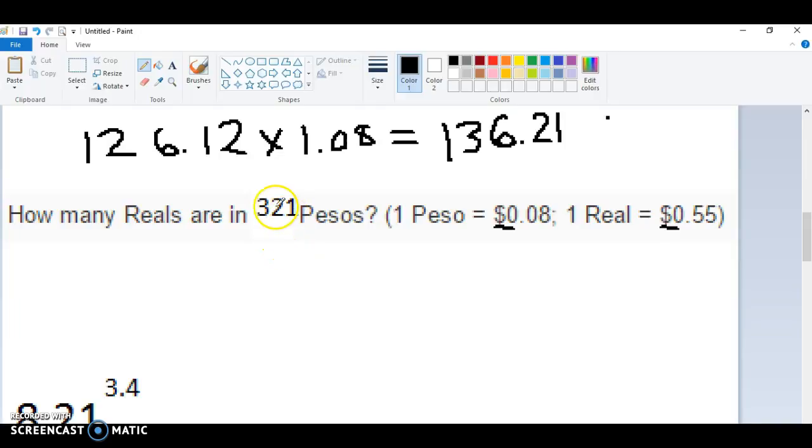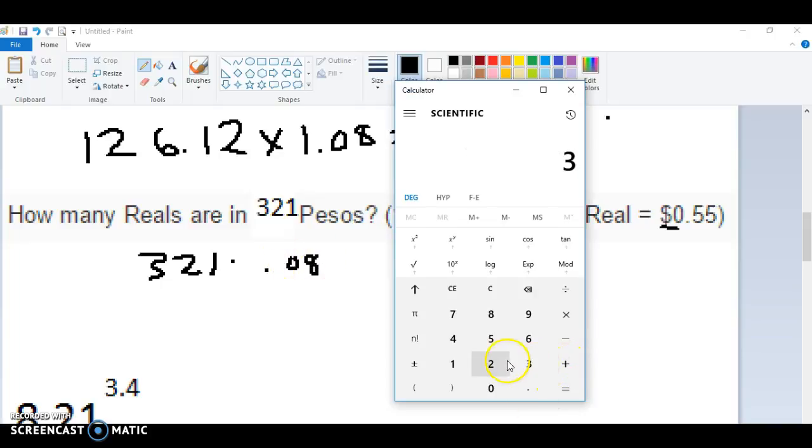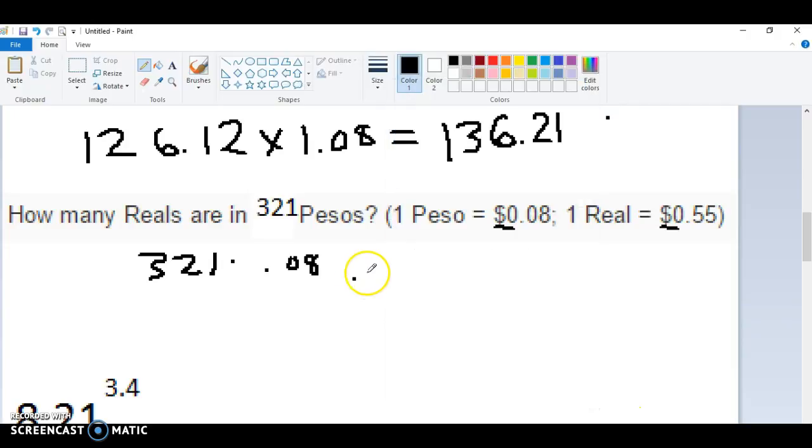So we need to multiply those. So 321 times 8 cents. So this can get really small here. So 321 times 8 cents is $25.68.